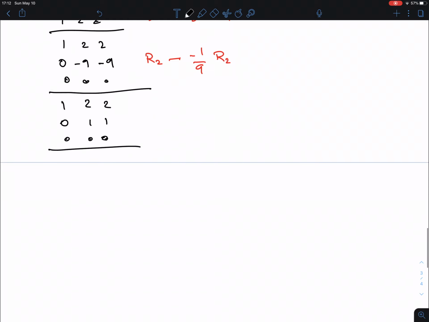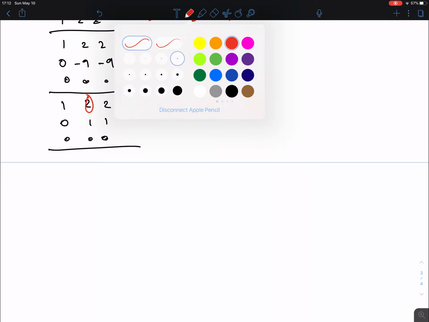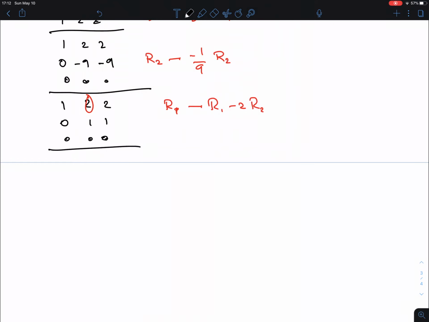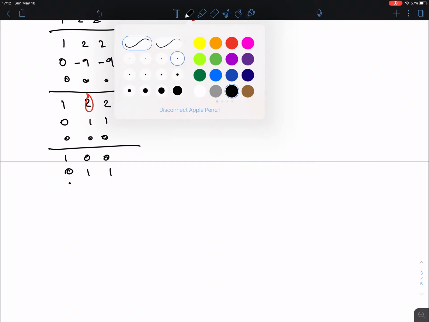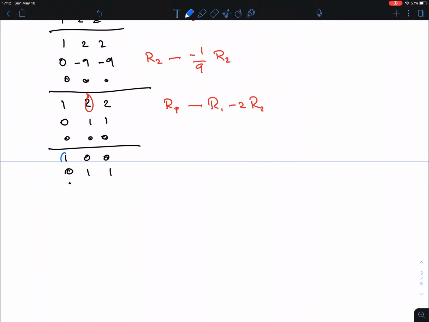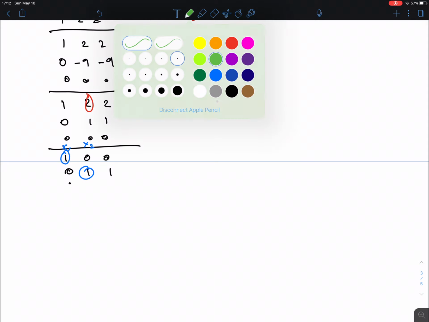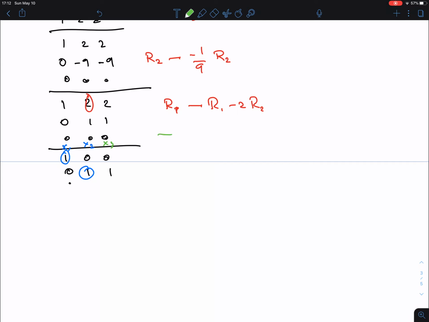And so what we need to do is make this entry 0, so we do row 1 minus 2 times row 2. I get (1, 0, 0), (0, 1, 1), and then the 0 row. So this means x1 and x2 are again the pivot variables, x3 is the free variable. So we get x1, x2, x3, where x3 is always equal to itself.